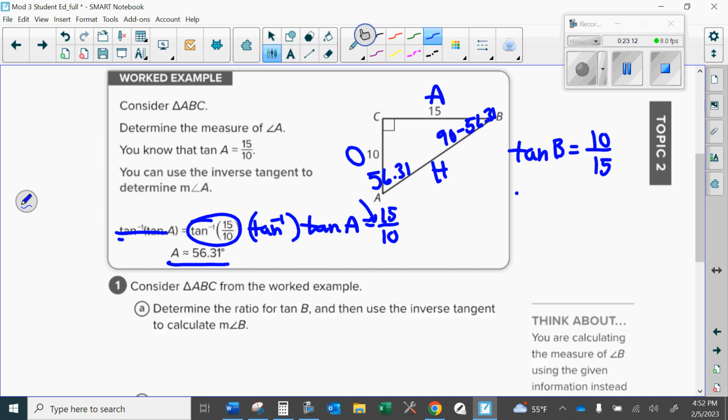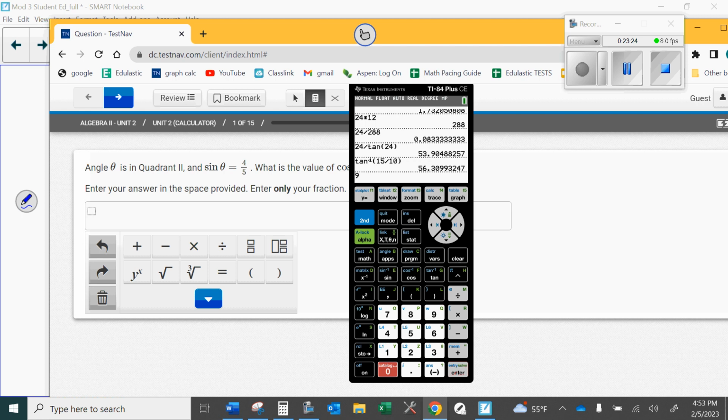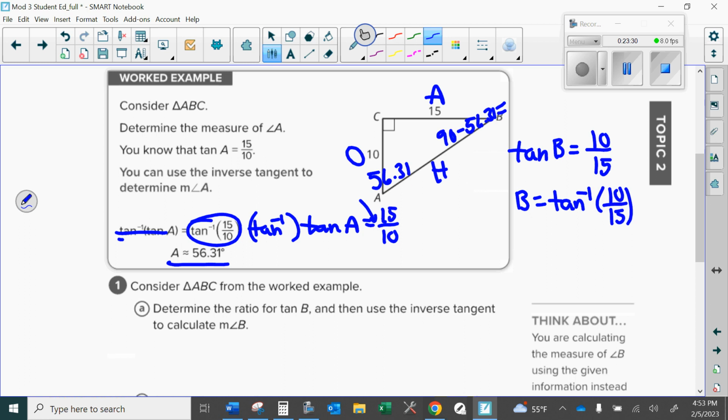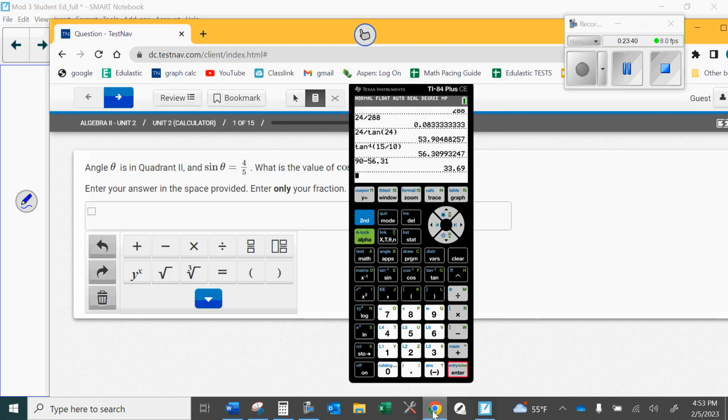So I do inverse tangent on both sides to cancel out the tangent on the left. And so if I go inverse tangent of 10/15ths, I should get whatever 90 minus 56.31 is. So 90 minus 56.31 is 33.69. So when I do inverse tangent of 10/15ths, I should get 33.69.